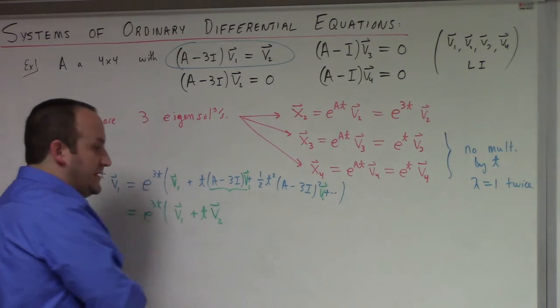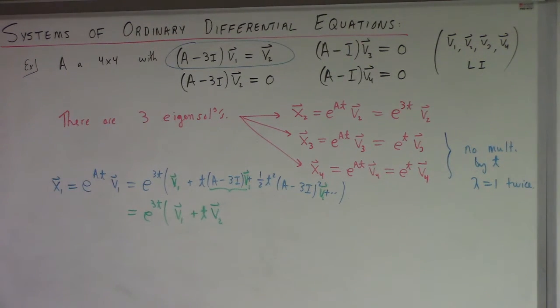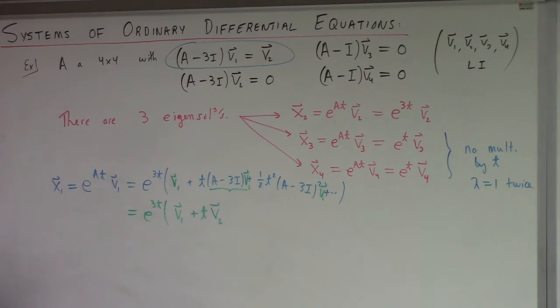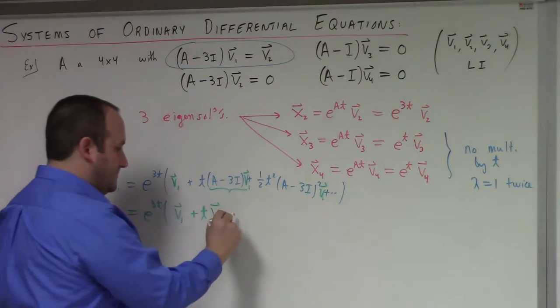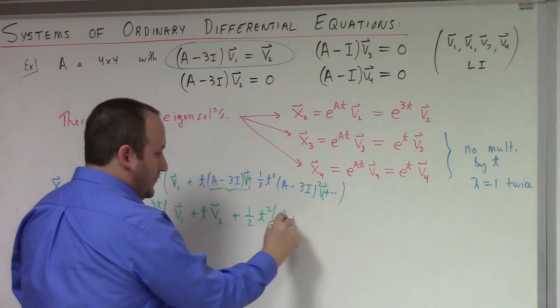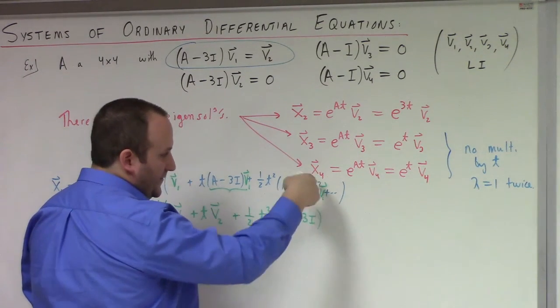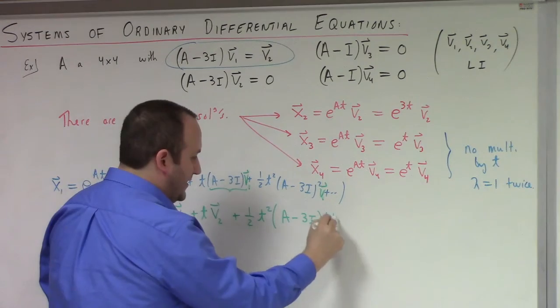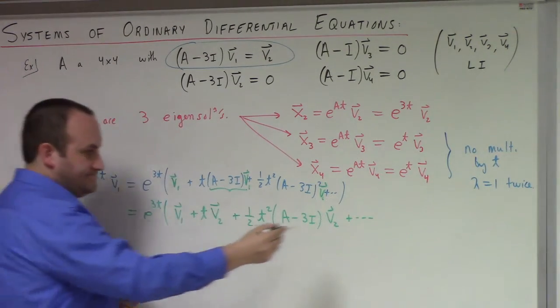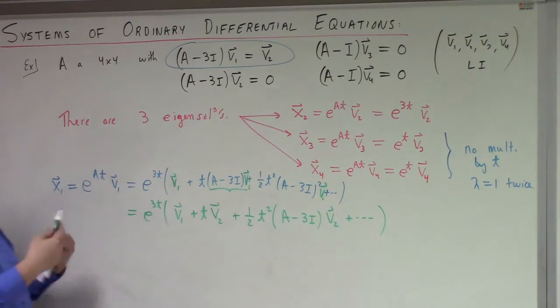Besides just being cool linear algebra, the existence and structure of Jordan chains naturally couples with the structure of the magic formula to give you just pretty solutions. Here it is. What happens here? We get A minus 3I. The first thing pulls down a v2. But what is A minus 3I times v2?